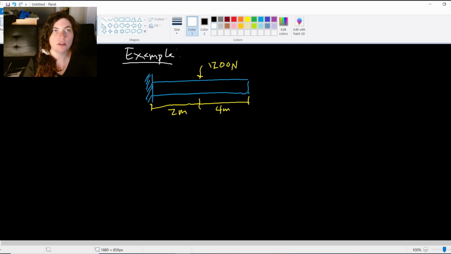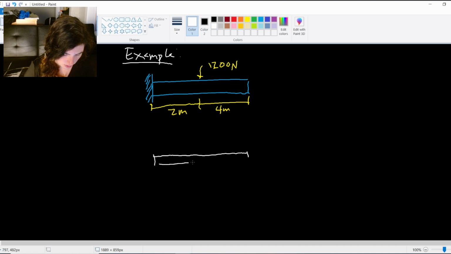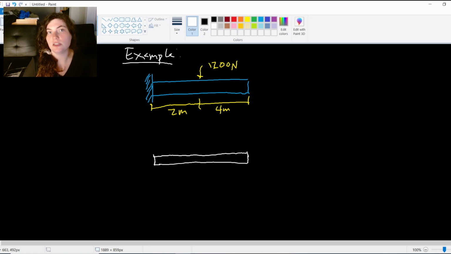Regardless of the shape, whether it's rectangular or a plane or whatever kind of shape it is, draw the basic outline of the shape. So here, I'll go ahead and represent it as a rectangle. You can also represent it as a straight line. That's also acceptable, but sometimes it's a little easier if the geometry is really complicated to leave it as the shape that it is.